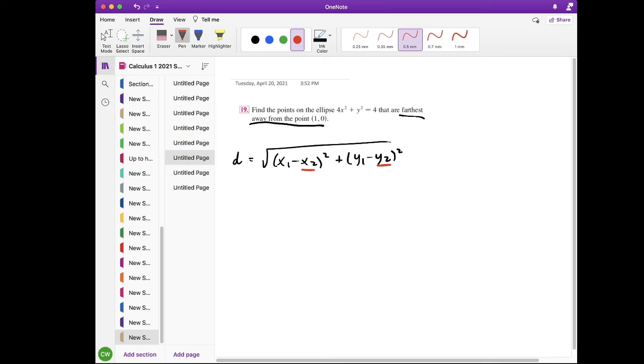All right, so we're trying to find points on the ellipse that are furthest from the point (1, 0). So one of these, (x2, y2) or (x1, y1), should be (1, 0). Probably want to use x2 and y2. Instead of having to write out this square root the whole time, I'm just going to say d squared is equal to (x1 minus 1) squared plus (y1 minus 0) squared.